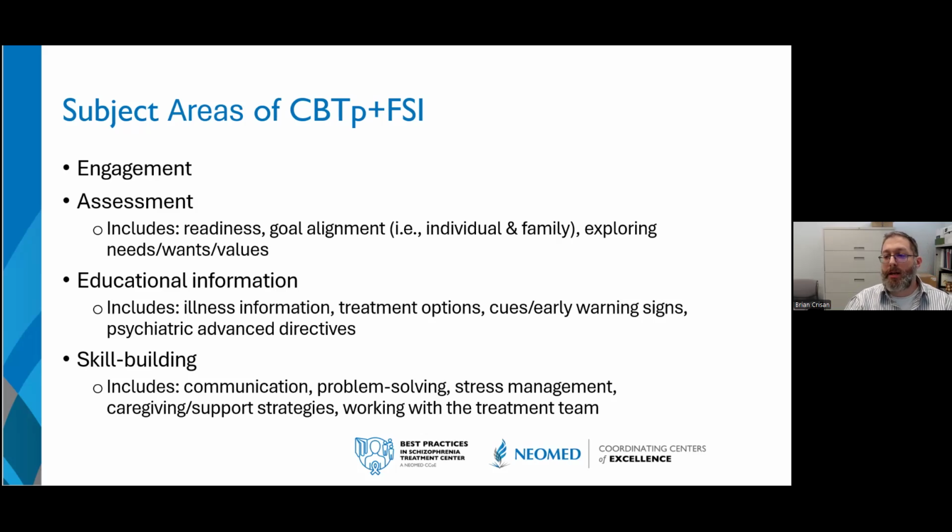How to provide education, right? Families often struggle to understand what psychosis is, what the symptoms are, how it's affecting their family member. And sometimes psychosis symptoms can cause the person who's suffering with psychosis to treat their family members with suspicion. That can be very challenging for family members to understand and respond to.